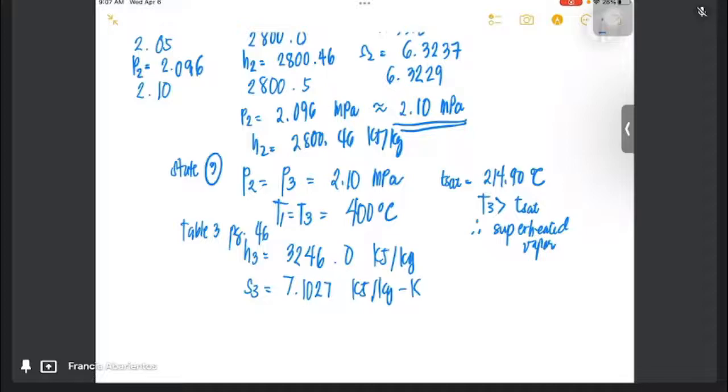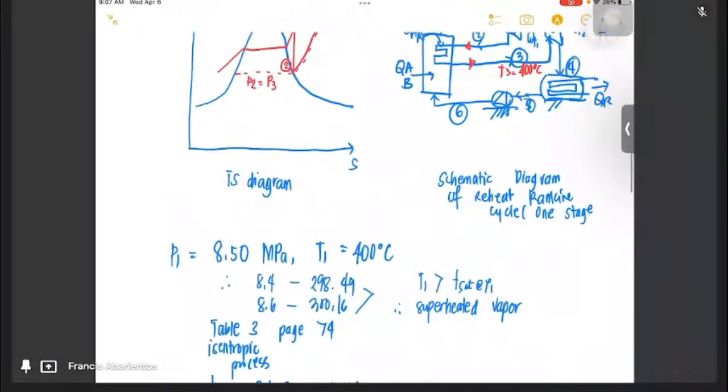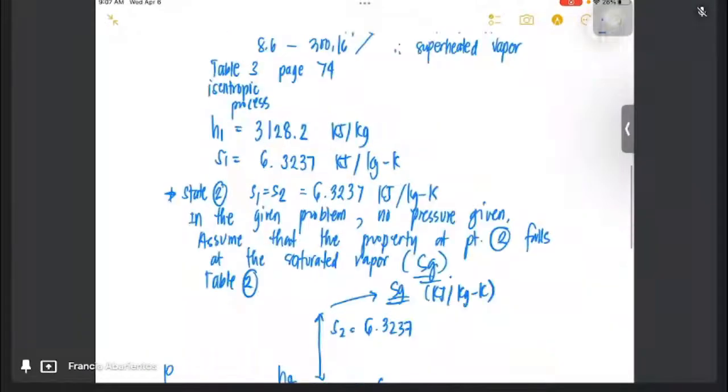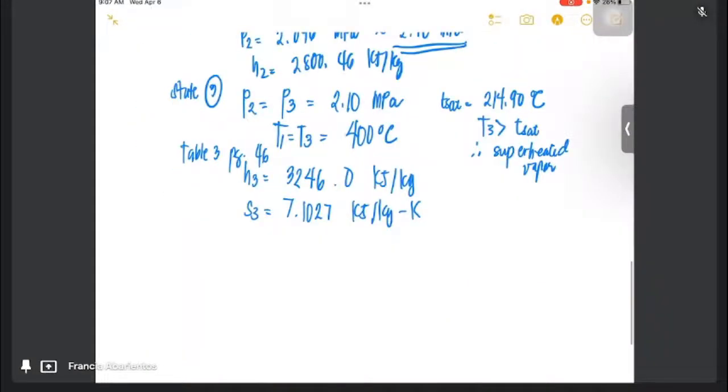Again, since this is a reheating stage, balik tayo doon, nakuha na natin si S3. Papunta tayo sa state 4. So, isentropic expansion pa rin. Yan yung gagamitin natin.